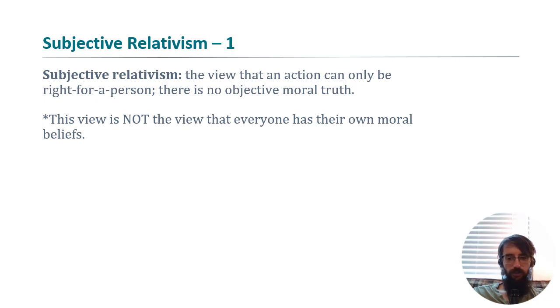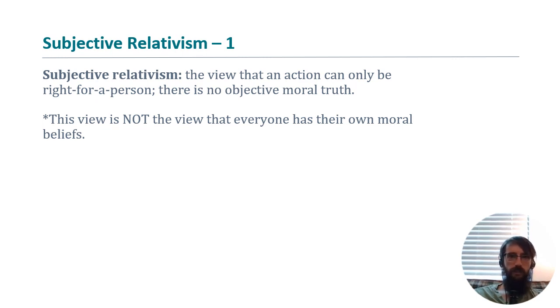Let's first consider subjective relativism in some more detail. So according to this view, an action can only be right for a person. Right? So it could be like right for me, wrong for you. There is no objective moral truth according to this view.